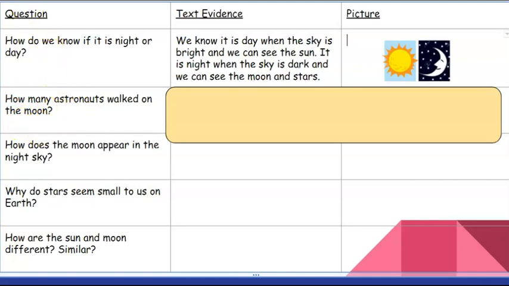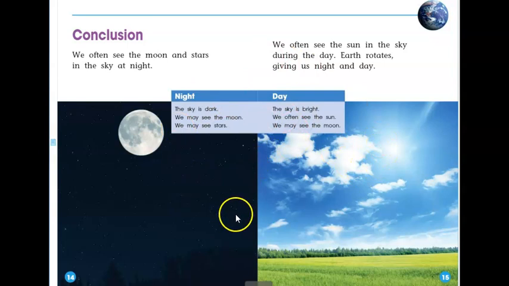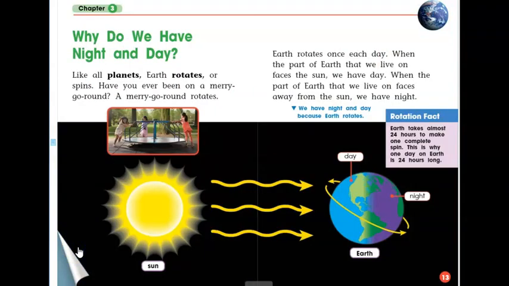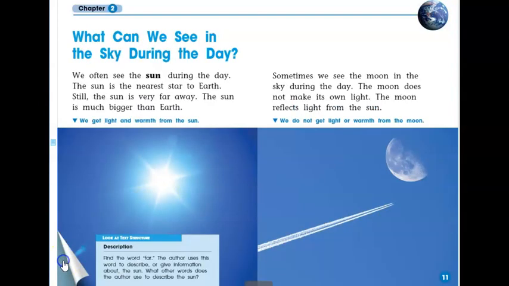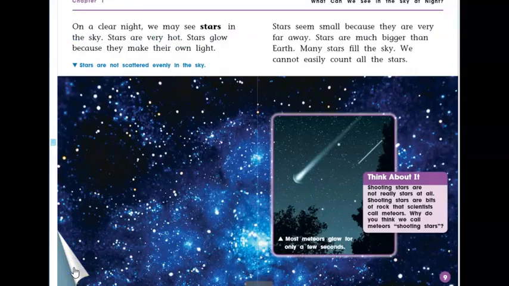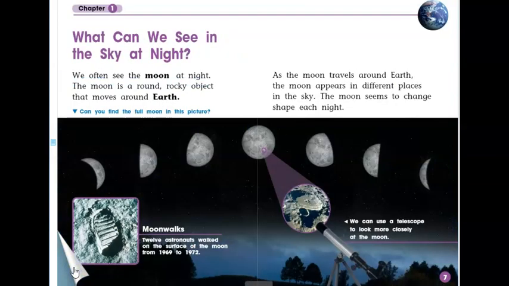Let's go see. Okay, I'm back in my book and I'm looking for where they talk about the moon and astronauts. I know we didn't talk about that in the conclusion, so I need to keep going back in the text. I remember we were talking about Earth rotating on this page. It's probably not what I'm looking for. Oh, not going to be talking about the sun or stars. Here we go. I remembered this page talked a lot about the moon.